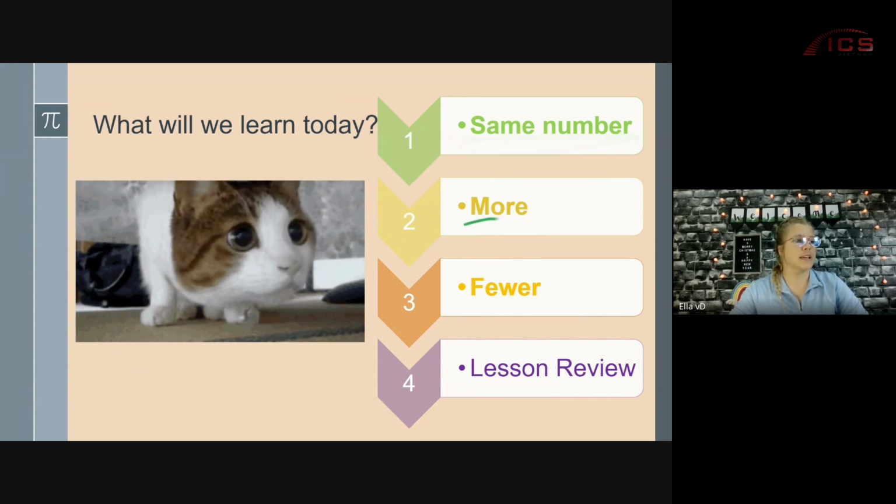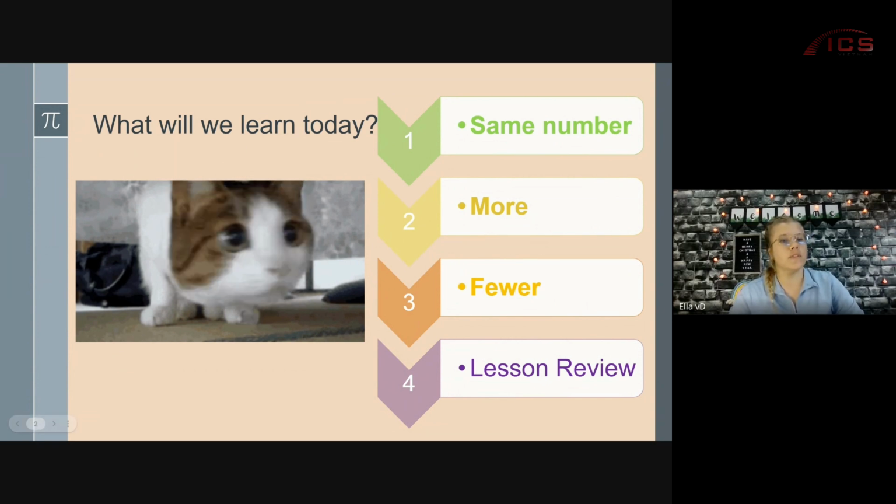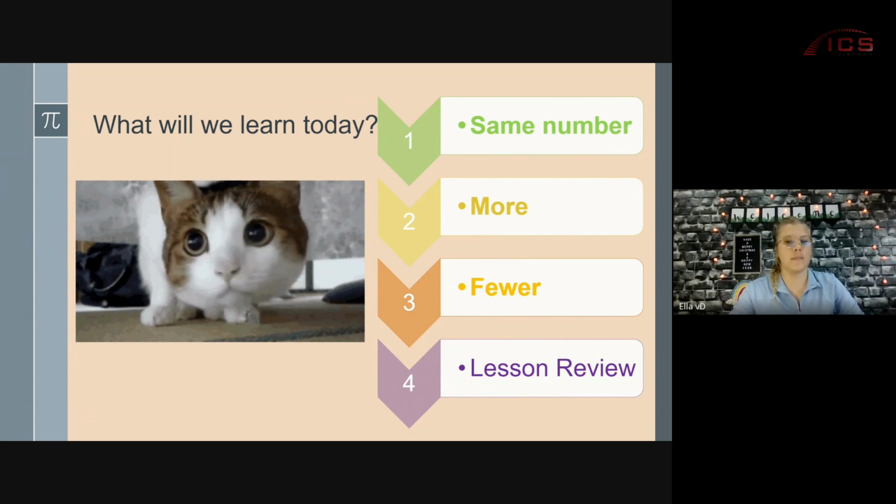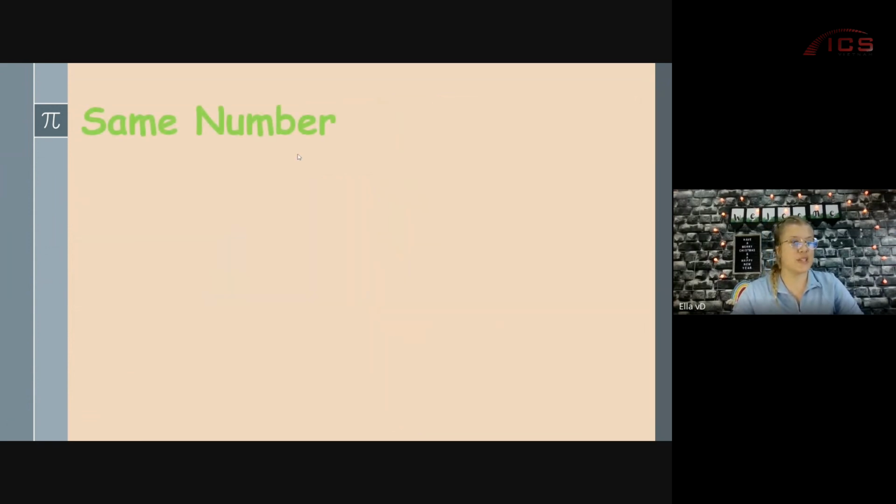We will look at more, and then fewer, less numbers. After that, we will go through a quick little lesson review. But let's skip the rest and begin and see what we need to do.